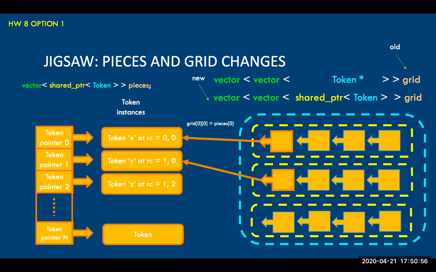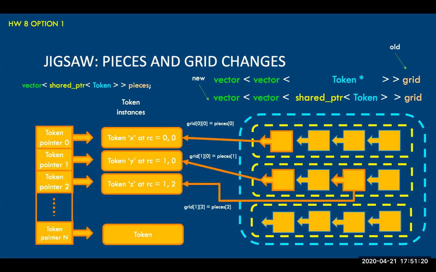So here's the hookup stuff that we saw before. We literally just say grid[0][0] equals pieces[0][0]. And as you may recall, this would call the assignment operator to assign the shared pointer across from the pieces array over to the grid array. And all that just works magically. So it looks as if we're just doing what we did before with raw pointers.